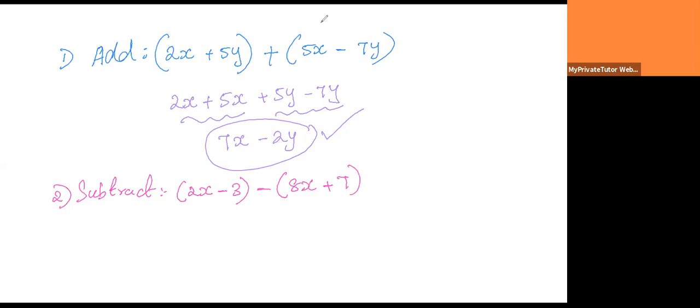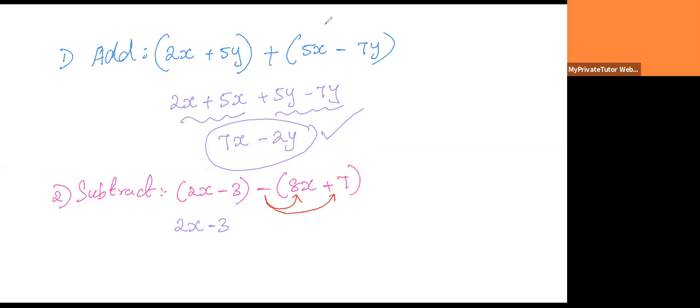So how do you subtract this one? You write the first expression as it is. Since you are subtracting, this negative sign applies to all the terms inside the bracket.